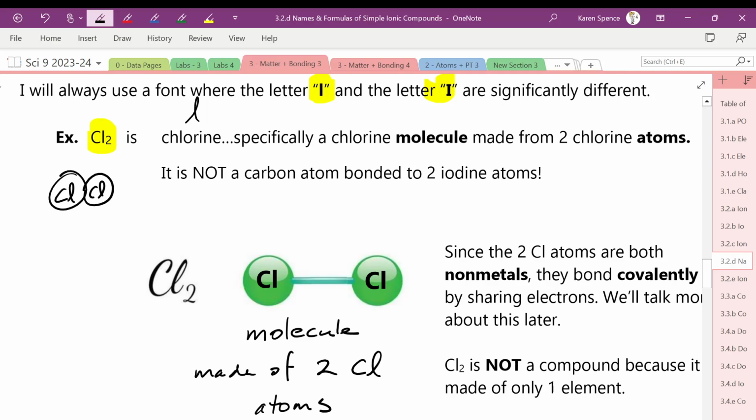Is this a compound? Tell your partner, how do you know if something is a compound?